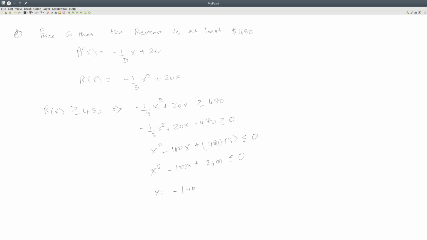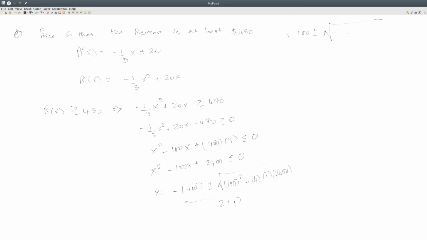So we have minus of minus 100 plus or minus the square root of b squared minus 4 times a times c over 2 times a, which is 1. So we would get 100 plus or minus the square root of 100 squared minus 2400 times 4, which is 9600.